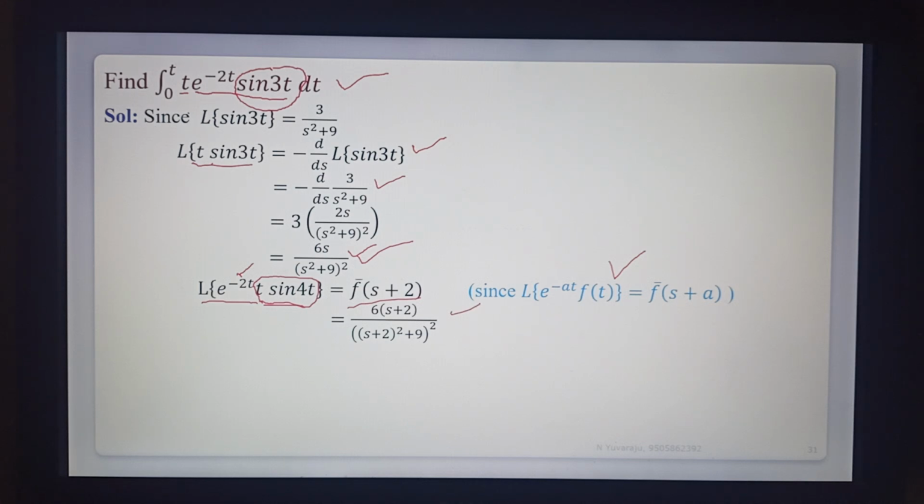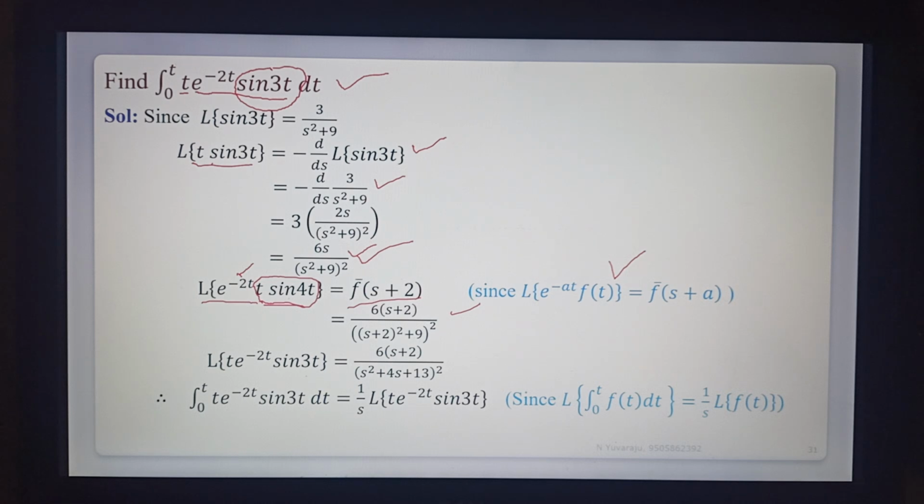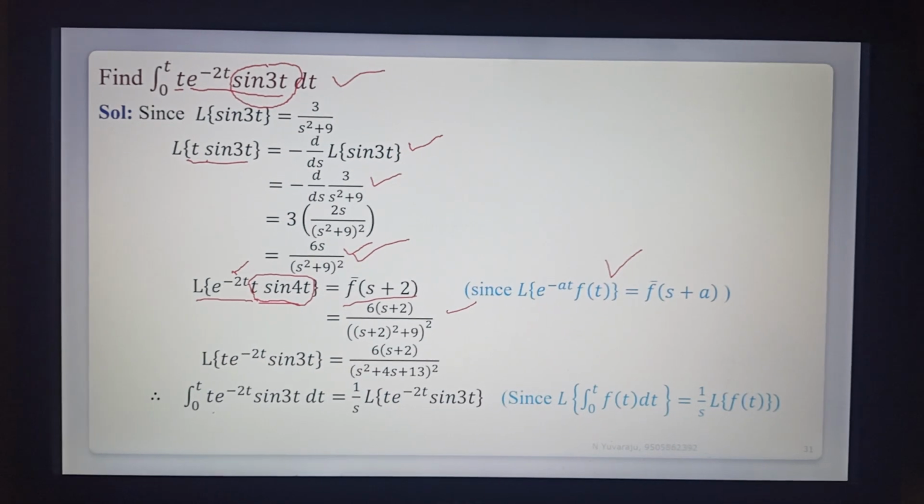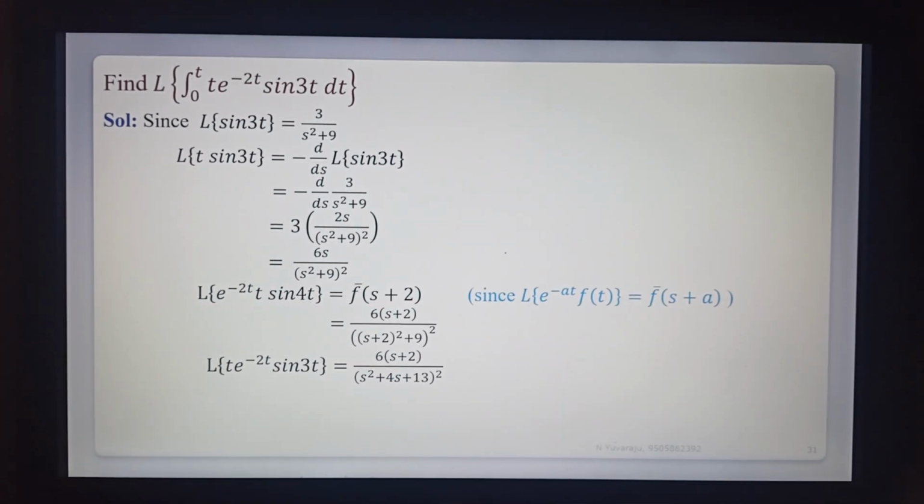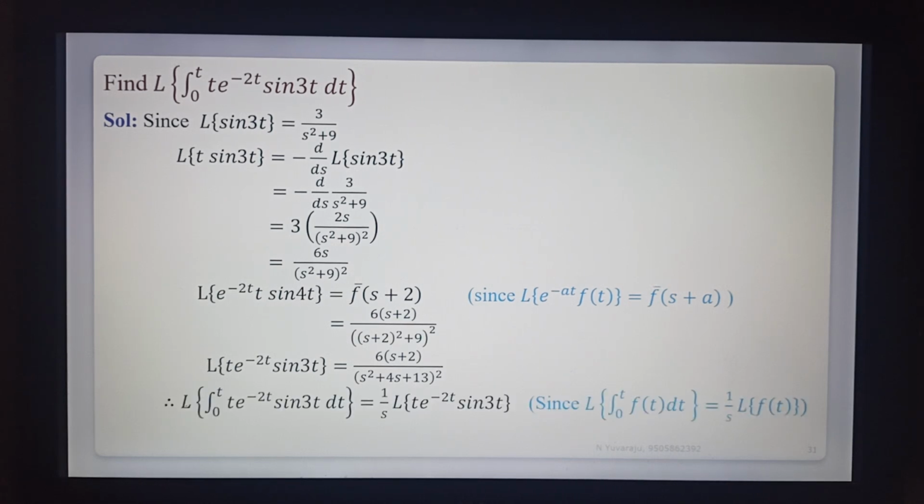Next, what do we have here, the integral function. So that is equal to the integral function 0 to t into e power minus t. So therefore the required value is the Laplace transformation of the integral function.